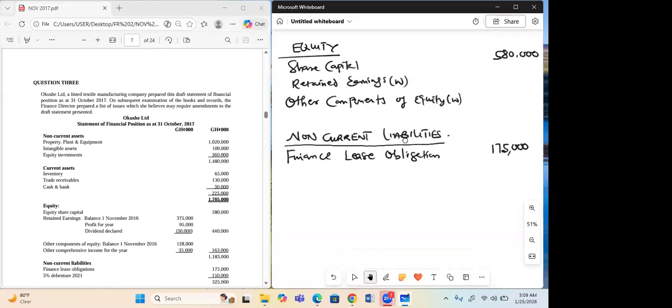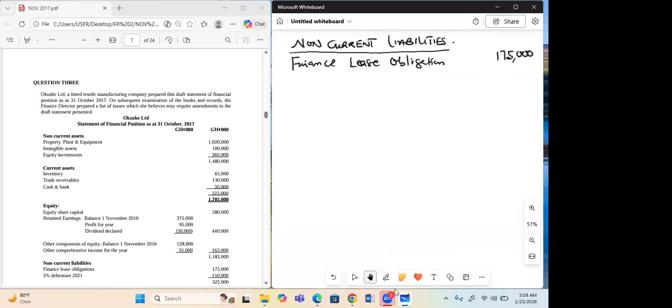The closing balance became about 152,250.